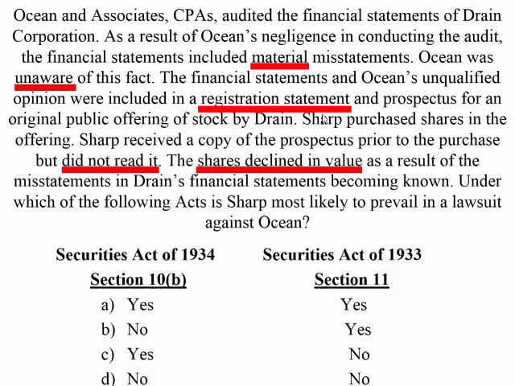So you'd never want to try and demonstrate that the 34 Act applies to a registration statement. You'd be much better off just going ahead and using Section 11.